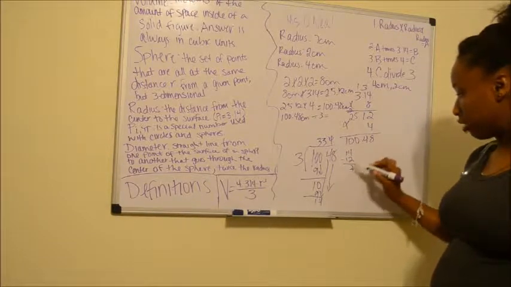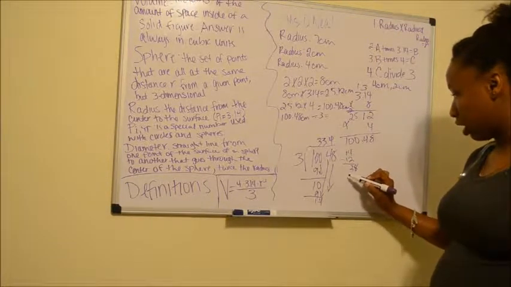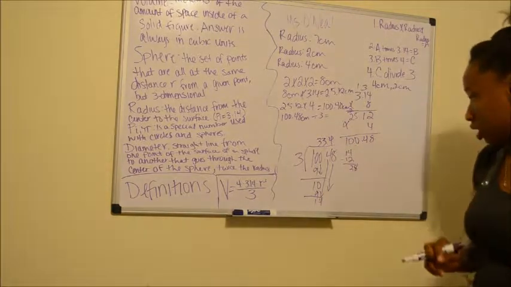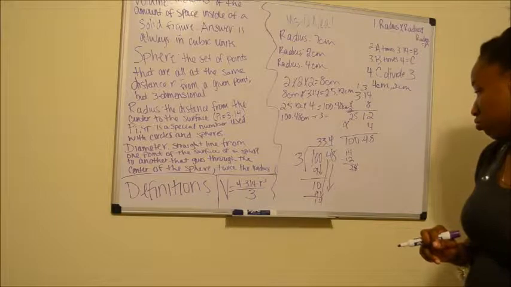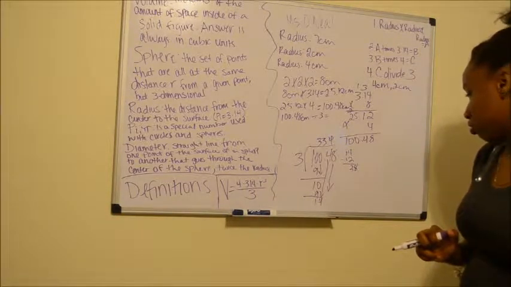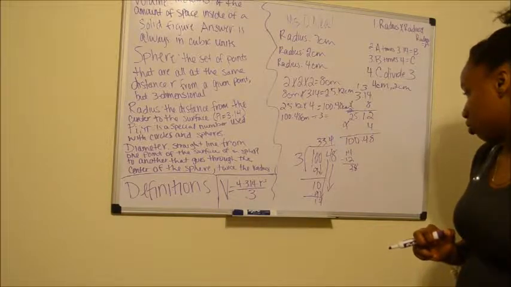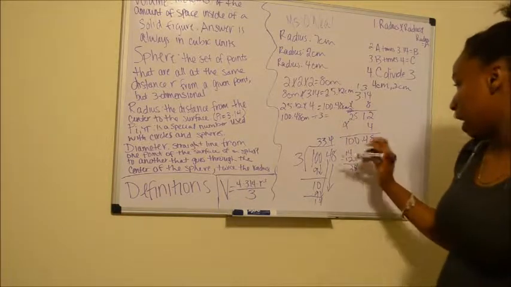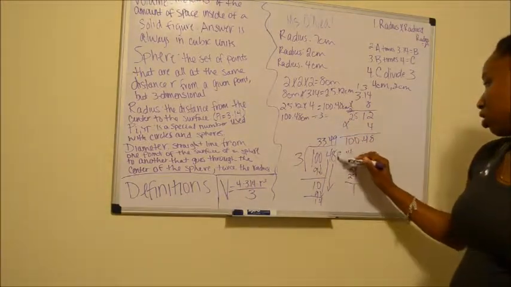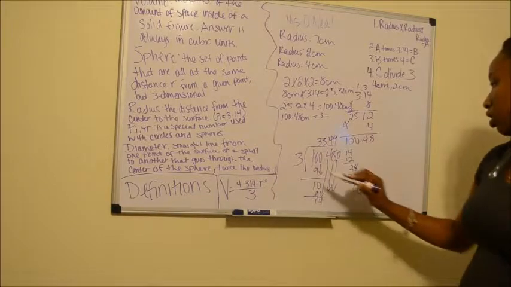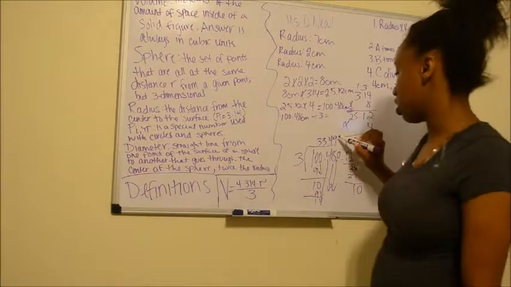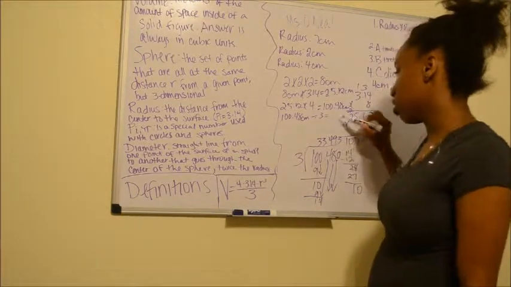Bring your 8 down, which will give you 28. 3 can go nine times, which is 27, which leaves 1. We'll add another 0. 3 into 10 will be 3. So I'm going to actually just do it, and it'll continue.